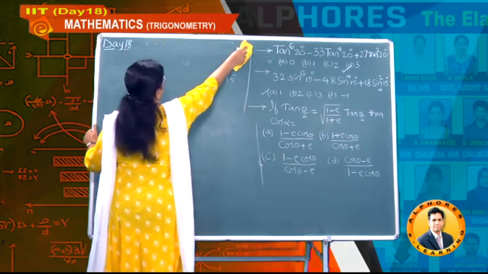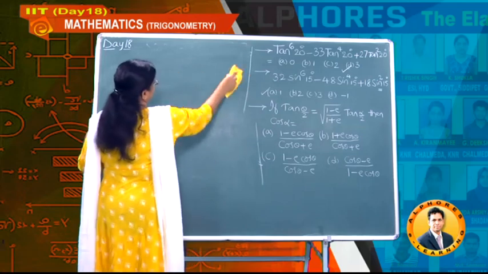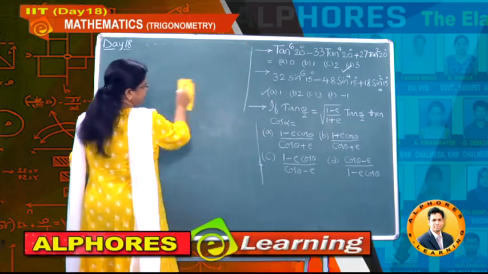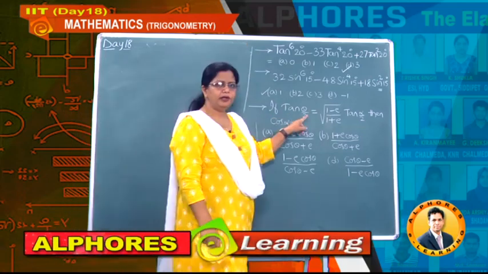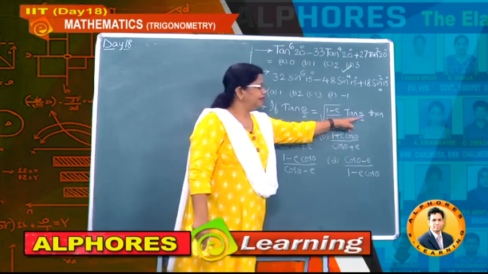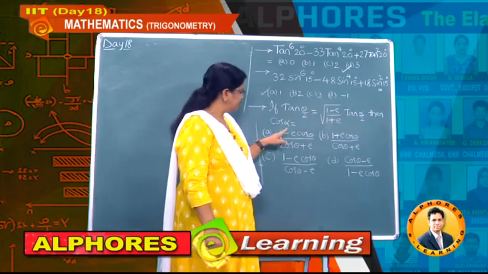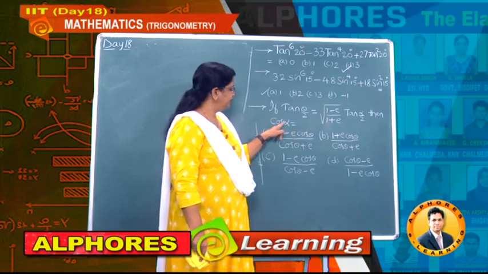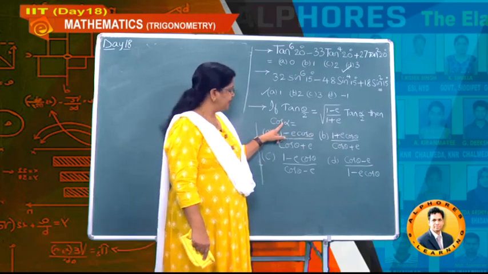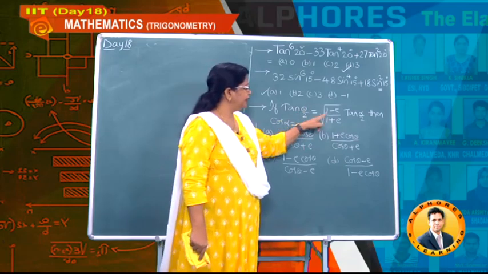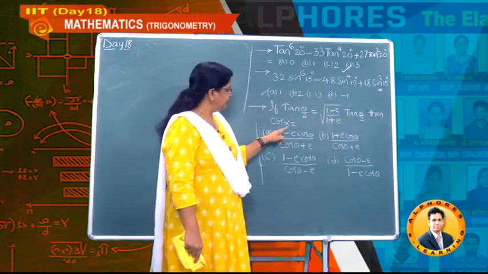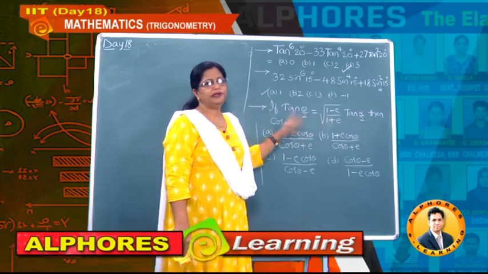Moreover, observe the angle difference also. Tan values are given in half angles, right? Whereas the cos value of alpha and cos theta are given in full angle, alpha and theta.